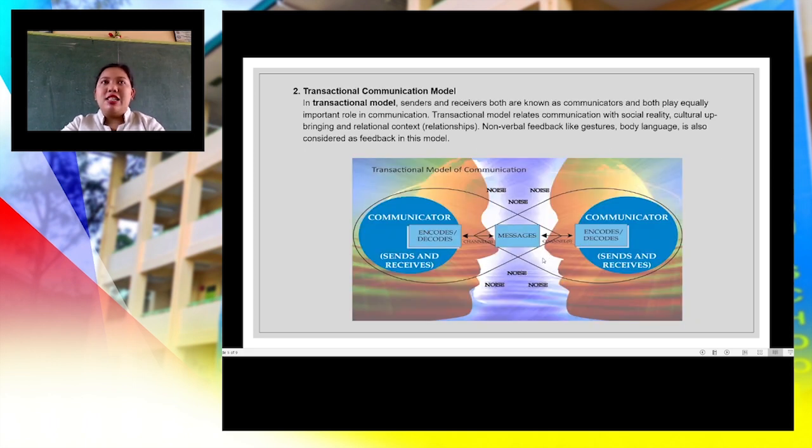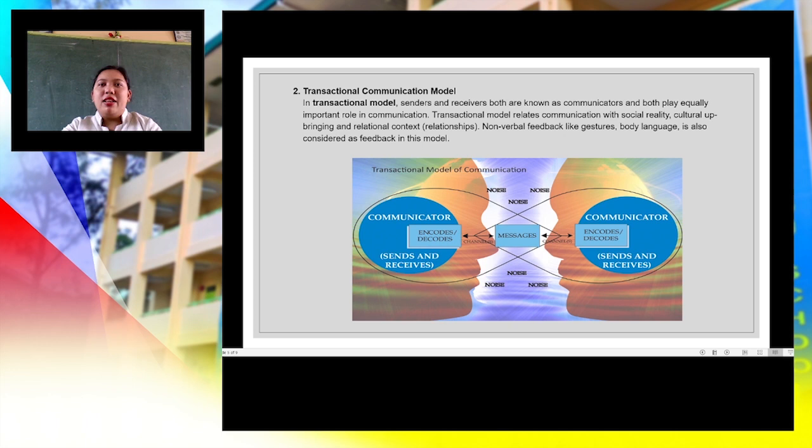The second is the so-called transactional communication model. In the transactional model, senders and receivers are both known as communicators. Both play equally important roles in the process. The transactional model relates communication with social reality, cultural upbringing, and relational context or relationships.